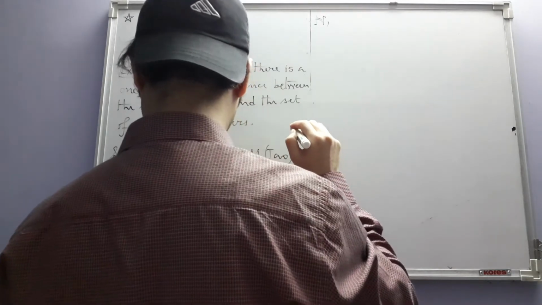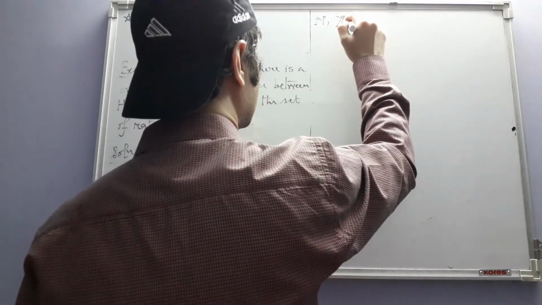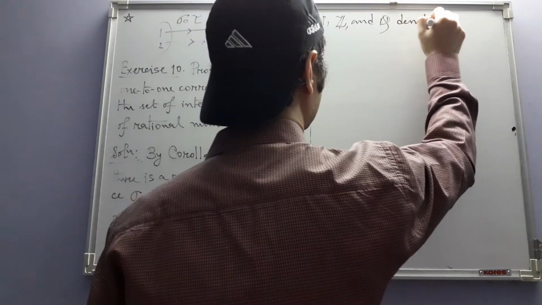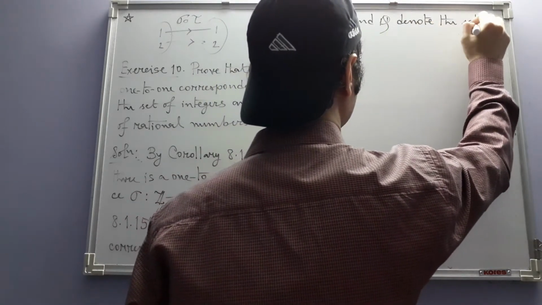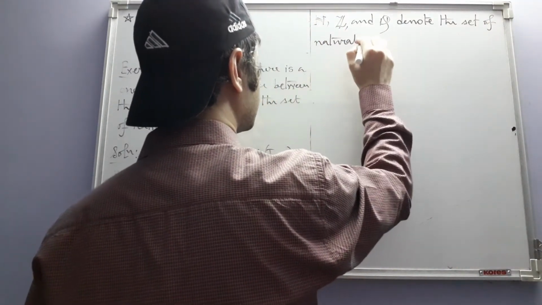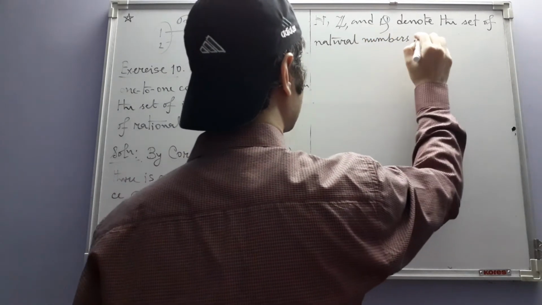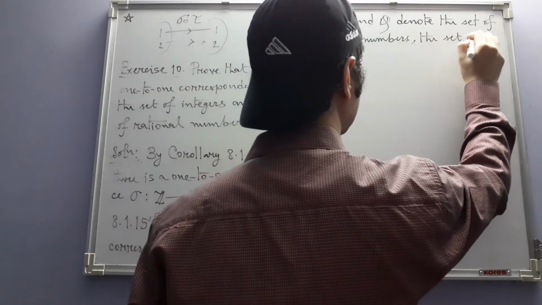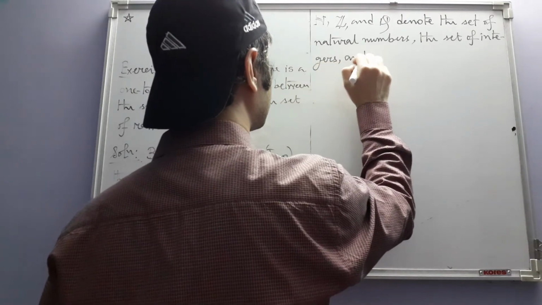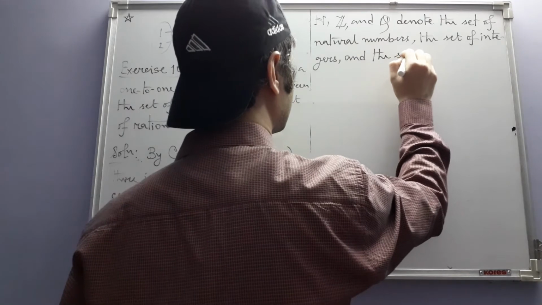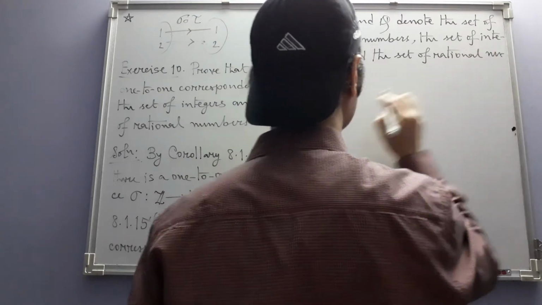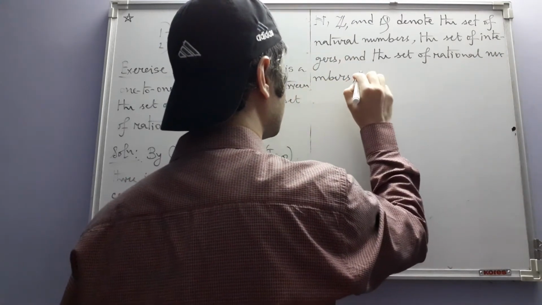N, Z and Q denote the set of natural numbers, the set of integers and the set of rational numbers respectively.